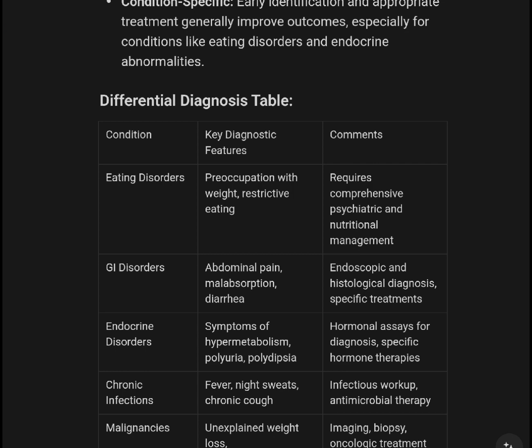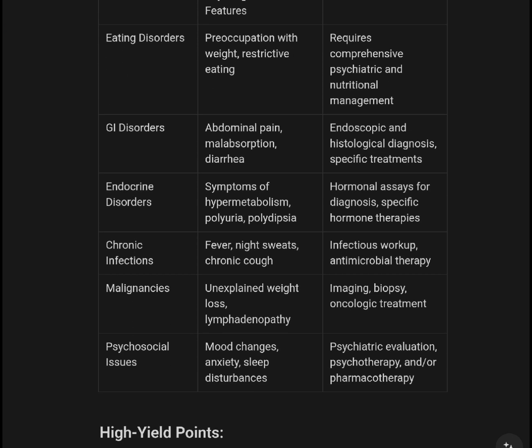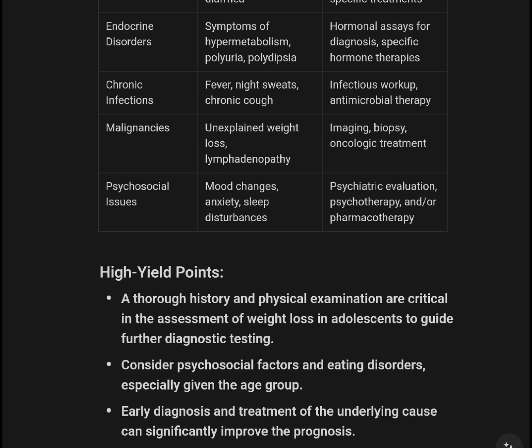Chronic infection: fever, night sweats, chronic cough; infectious workup, antimicrobial therapy. Malignancies: unexplained weight loss, lymphadenopathy; imaging, biopsy, oncological treatment. Psychological issues: mood changes, anxiety, sleep disturbances; psychiatric evaluation, psychotherapy, and/or pharmacotherapy.